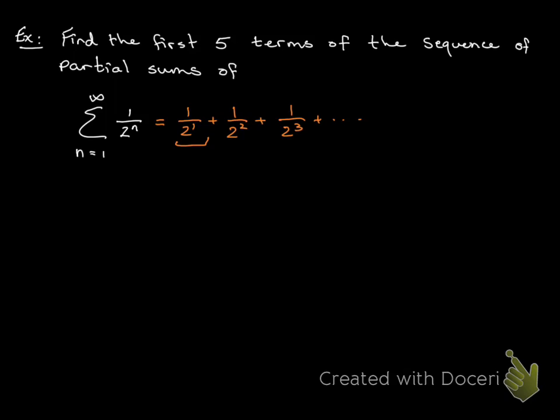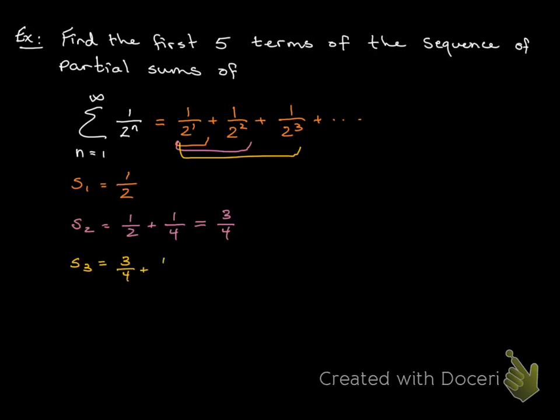The sequence of partial sums is by taking the first term by itself. S1 is just the first term. S2 is generated by the sum of the first 2 terms, so S2 is 1/2 plus 1/4, which is actually 3/4. S3 is generated by taking the first 3 terms and adding them together.